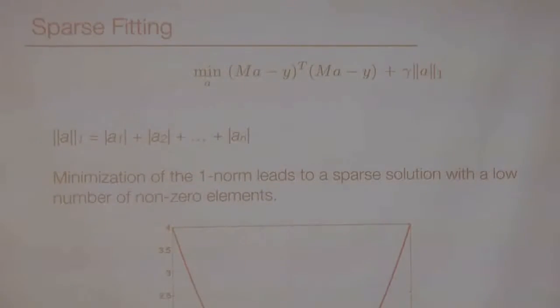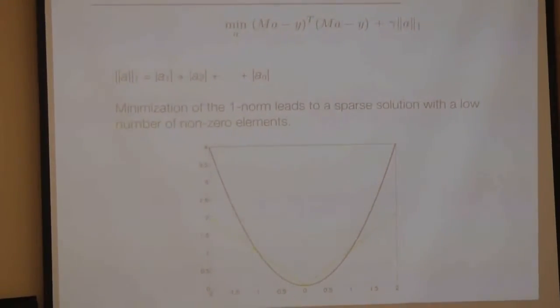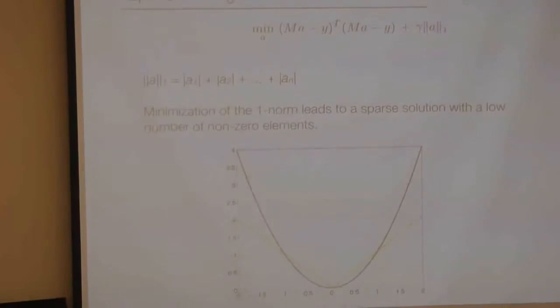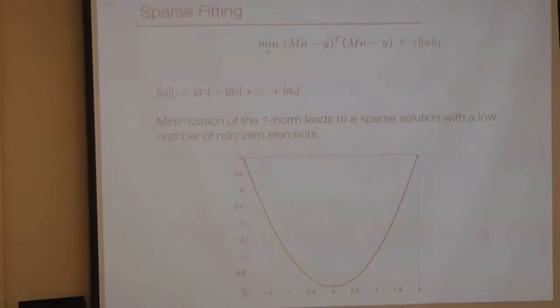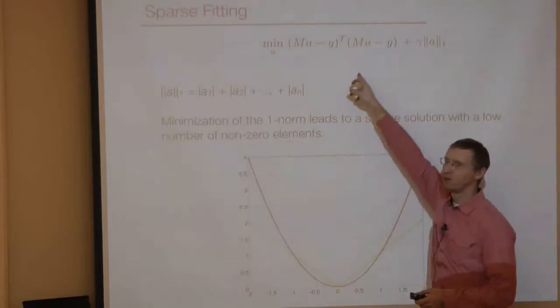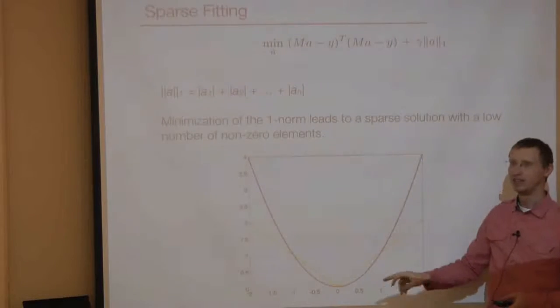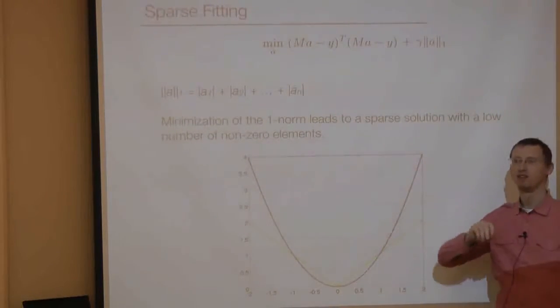And actually, this is the graph. From the graph, we can see why, intuitively, it would indirectly minimize the number of non-zero elements. What we have here in the objective function is a square function, which is like this. And what the square function does to small numbers is make them even smaller.